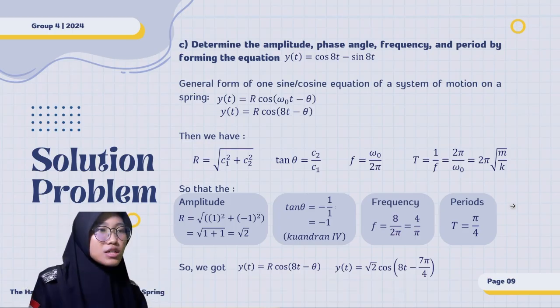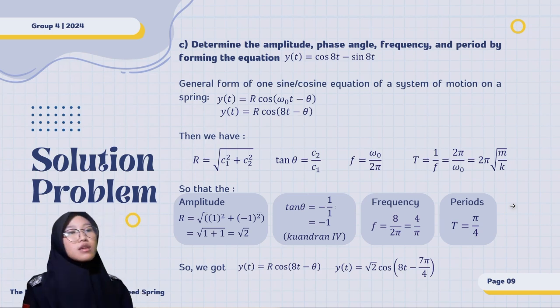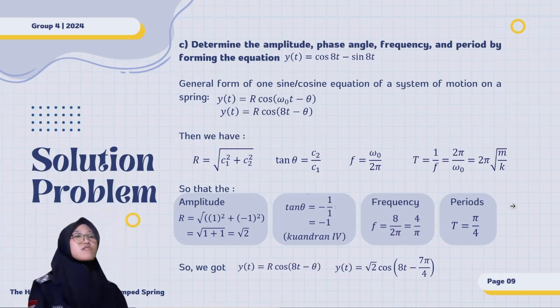Then we can conclude that y(t) is equal to the square root of 2 cos(8t - 7pi/4).